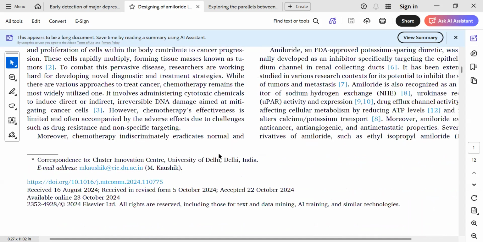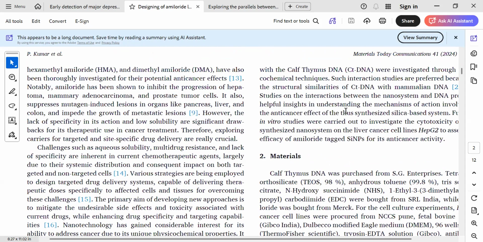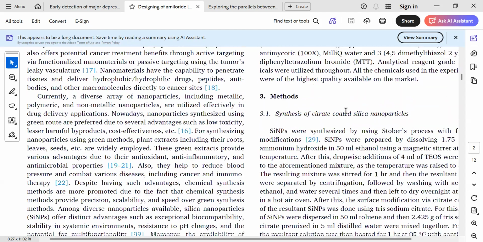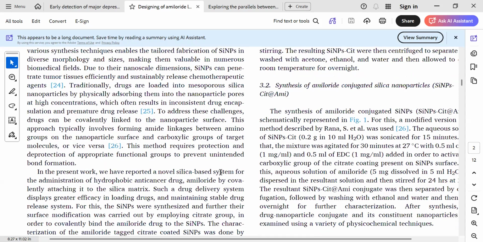The last paragraph of the introduction usually has the summary of what you have done during the paper. For example, here we have mentioned the work which was carried out, in the present work we have reported, etc. So the last paragraph has to be the summary of the work which you have done.